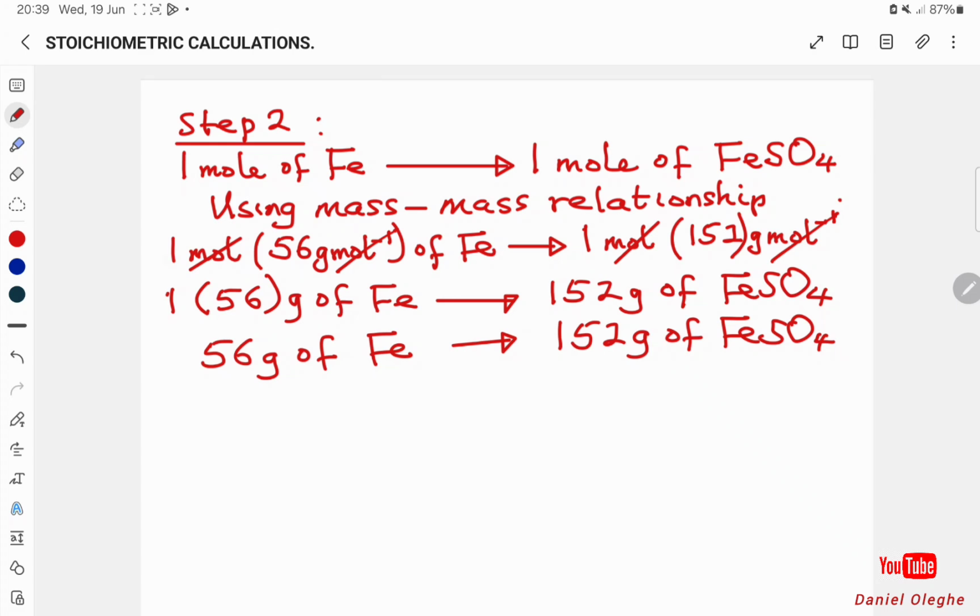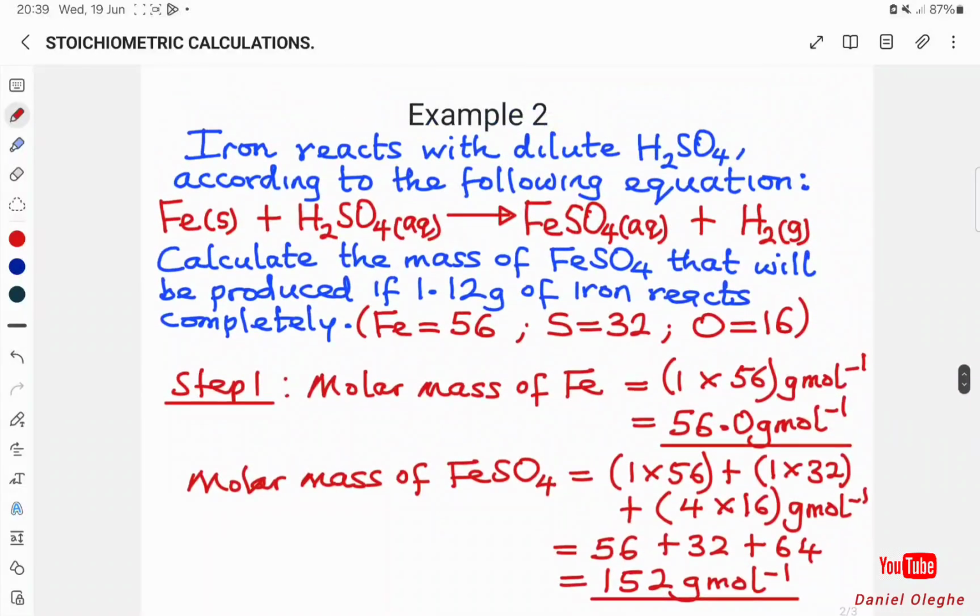So this is what you have according to the equation. The 1 mole of iron in the equation is equal to the 56 gram. Don't forget how we got the 56 gram. We multiply the mole by the molar mass. That's how to convert the amount in mole to the mass in gram of a substance. You multiply the amount in mole by the molar mass. So according to the equation, we have 1 mole of iron reacting with 1 mole of the acid to produce 1 mole of FeSO4 and 1 mole of hydrogen gas.